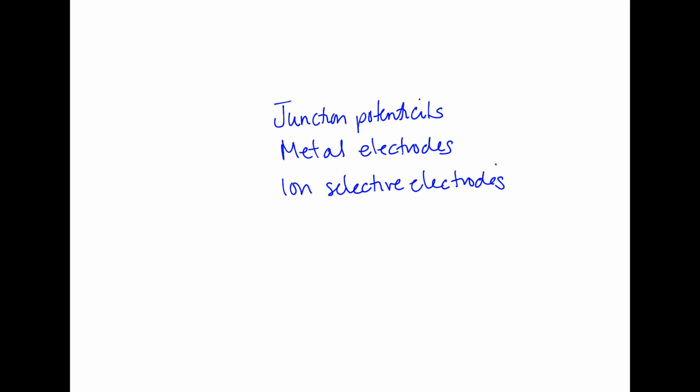And for ion selective electrodes, we talked about this special case of pH, which are glass electrodes. And because of the way those glass electrodes are made, we talked about the errors that are inherent in there. And then we also very quickly at the end touched on selectivity.